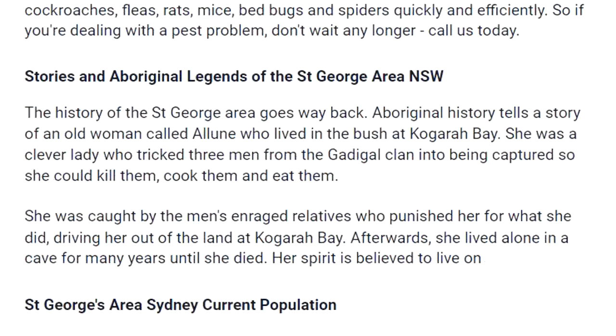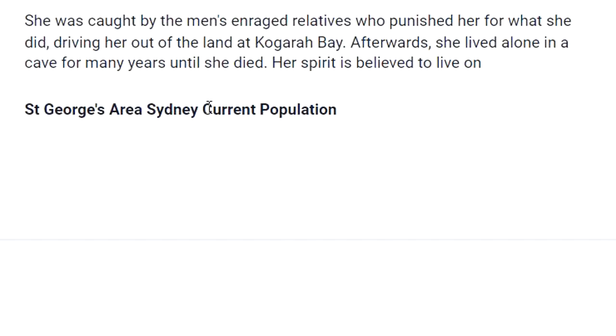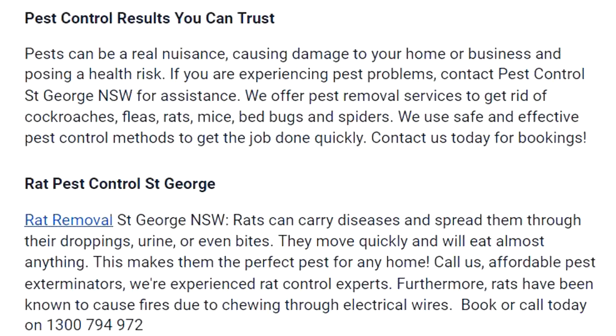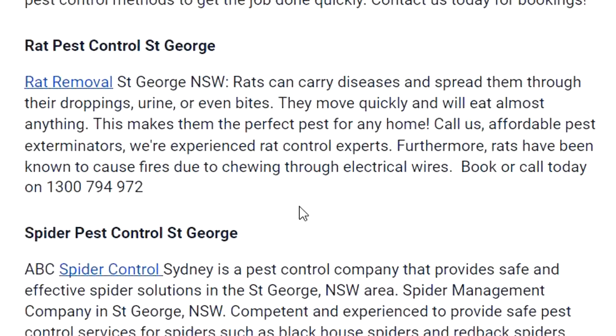Then what we're doing here is adding some information about the area. Okay, so stories and Aboriginal legends, and then I like to add information about the population. Okay, so then we've got pest control you can trust, and then we get more into the actual specifics, you know, the actual products and services.